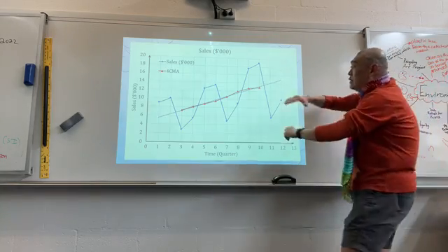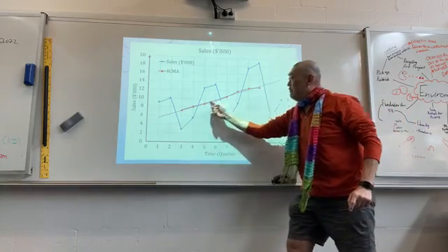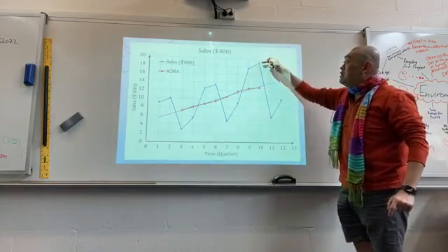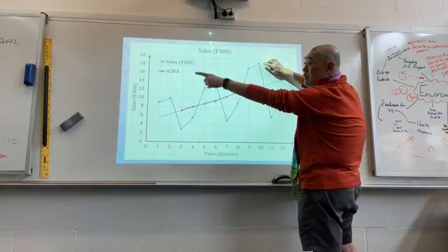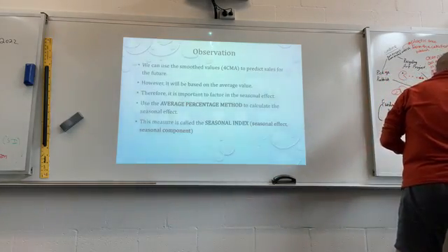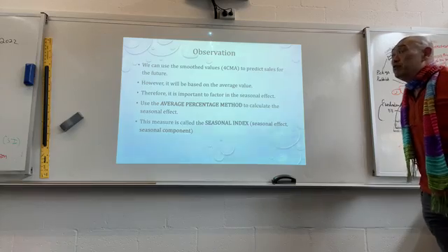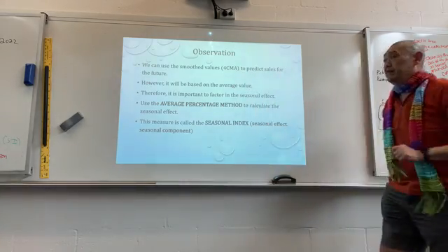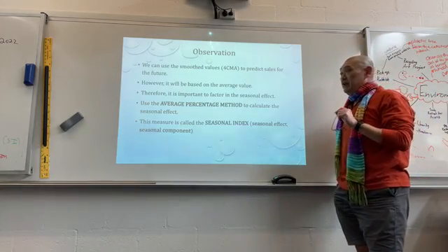So here you can see that with this straight line, which really fitted the moving average well, we can use it to predict, alright? So now, what we're going to do is work out the seasonal index first. That's the next step. So here, the observation is we can use the smooth values, the 4-cent moving average, to predict sales for the future. This will be based on just the average value.